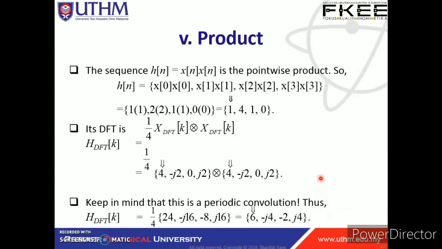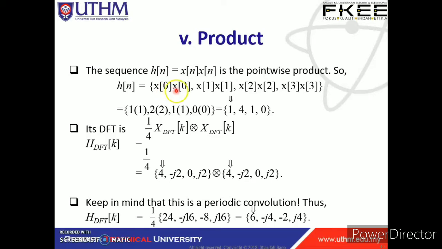Okay, next the question is on the product property. We need to find hn equals to xn multiplied with xn. This is not the convolution, but instead the multiplication of the discrete signal xn with the same signal xn. To calculate the multiplication, we just multiply each of the discrete signal at the same n.